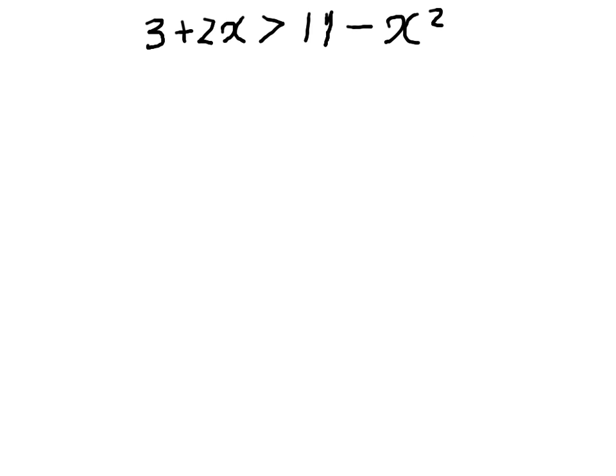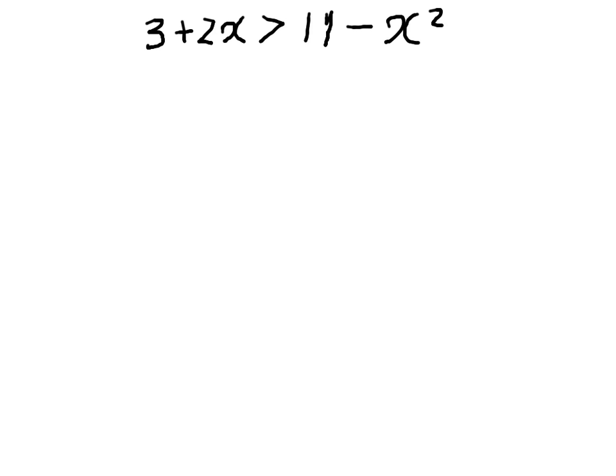This is a quadratic inequality question because the highest power of x is 2. So just like I mentioned before, we're going to move everything to one side. I'm going to move this to the other side because I don't like this minus sign. So change side, change sign.